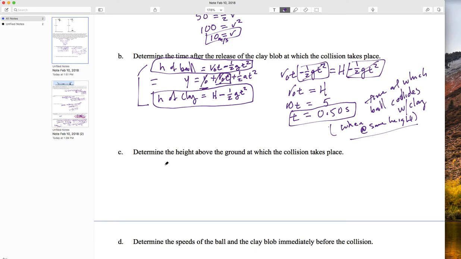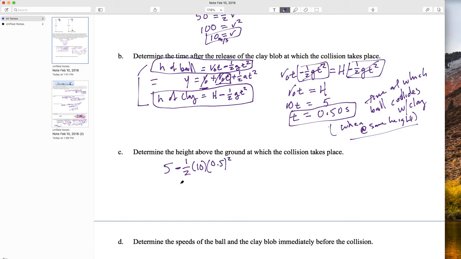So for the height of the clay, why not plug it in for that? Because the height of the clay is sort of an easy expression there. We have 5 minus 1/2 times 10 times 0.5 squared.